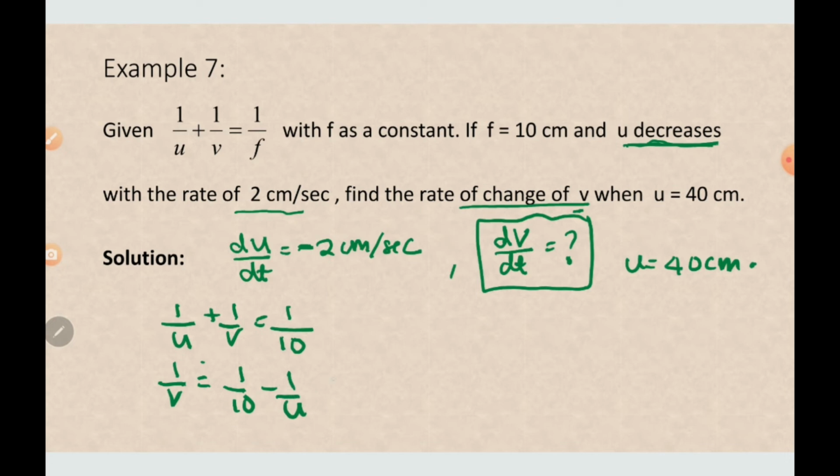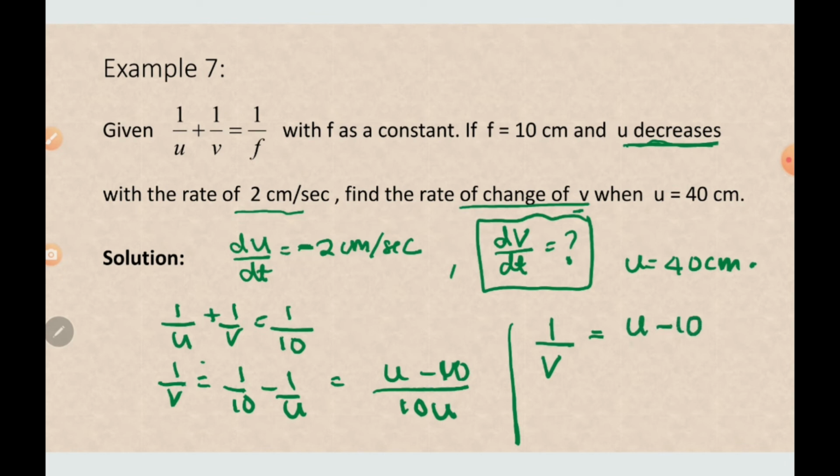Then I will equalize the denominator to be 10u. Therefore, we will get u minus 10, so 1 over v is equal to u minus 10 over 10u.